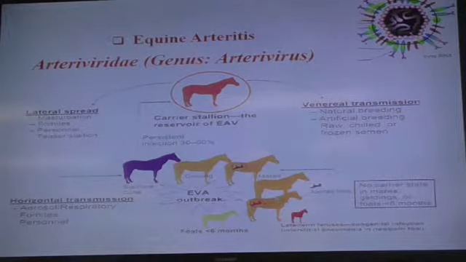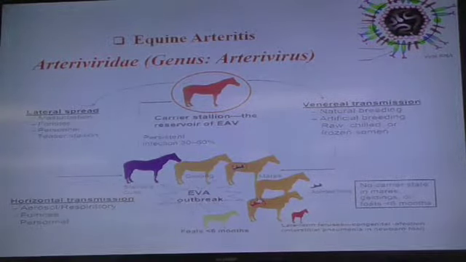Sometimes, even in vaccinated males, if the strain of RNA is different, the pregnancy is carried on, but the fetuses or the neonates that are born succumb to particularly interstitial pneumonia. Foals that are less than 6 months are not susceptible to the infection. The reason for this is because of maternal antibodies.